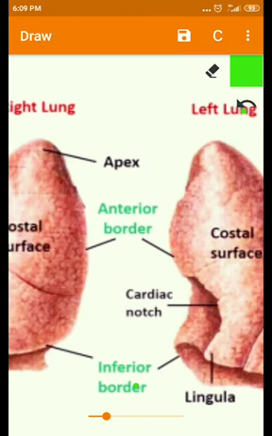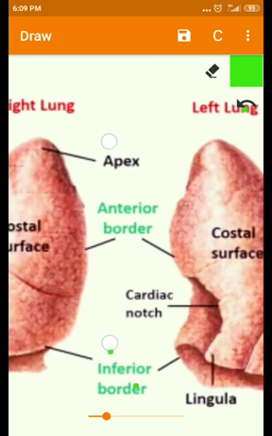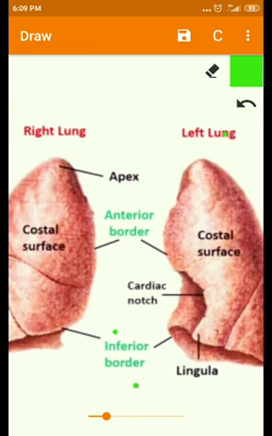The anterior border of the right lung is vertical, and both the anterior borders are very thin and shorter than the posterior borders. On the right side it is an almost vertical line and corresponds to the costomediastinal line of the pleural reflection.